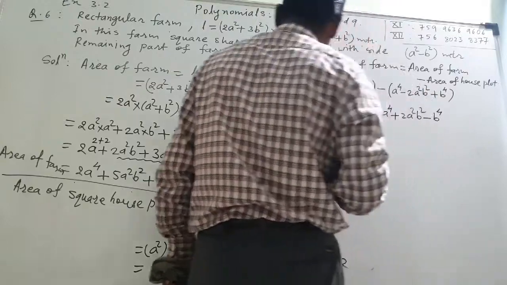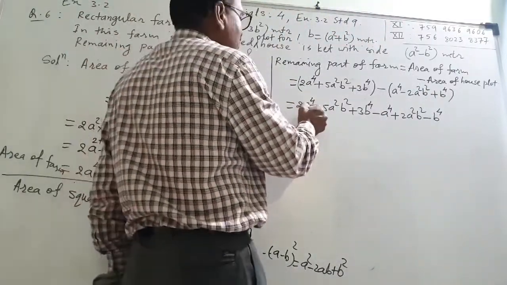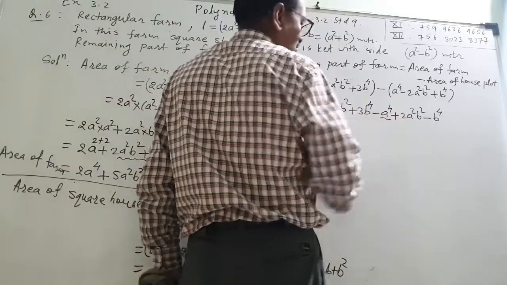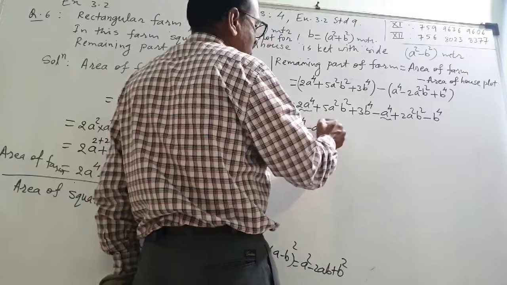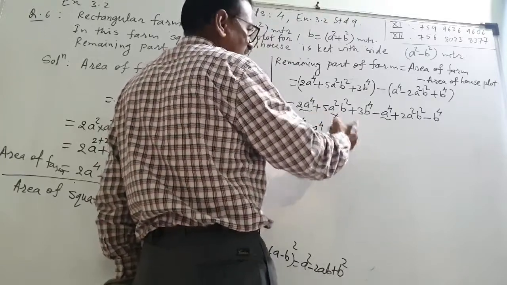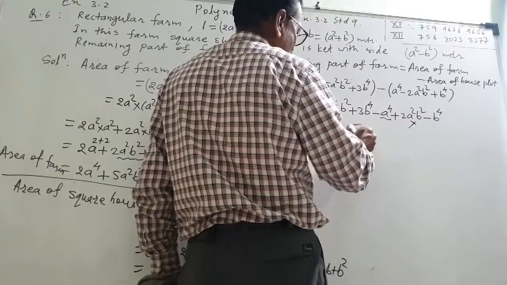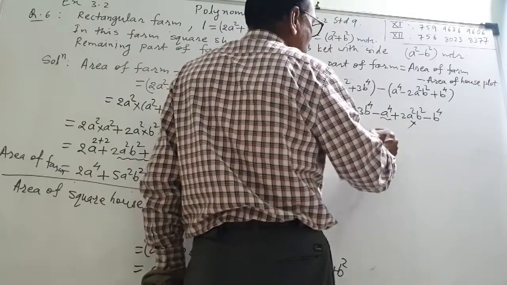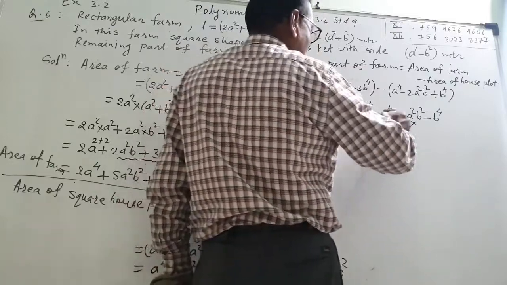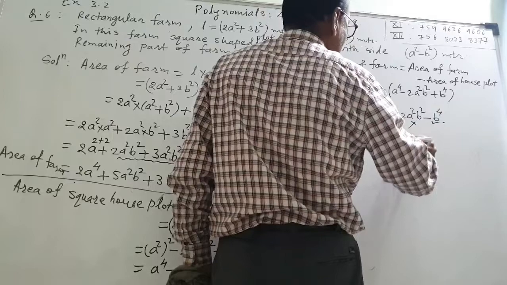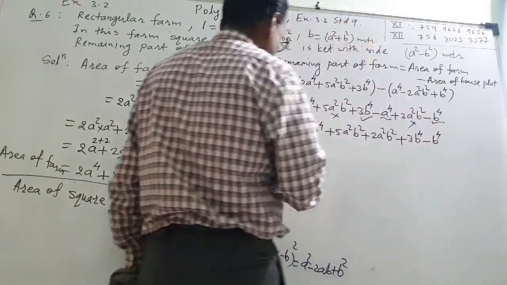Now I will collect the like terms. This is a raised to 4 term, this is a raised to 4 term, so I will collect that: 2a raised to 4 minus a raised to 4. Now this 5a square b square and this I will bring together, plus 5a square b square plus 2a square b square. Now this is remaining, plus 3b raised to 4 minus b raised to 4.